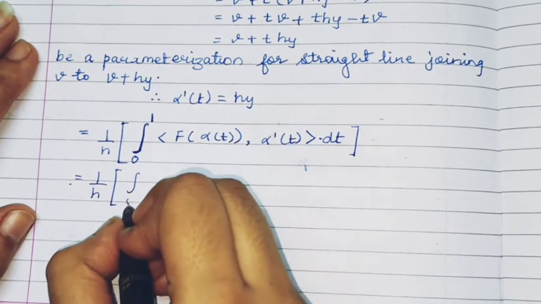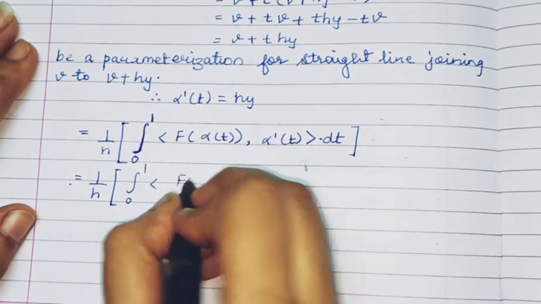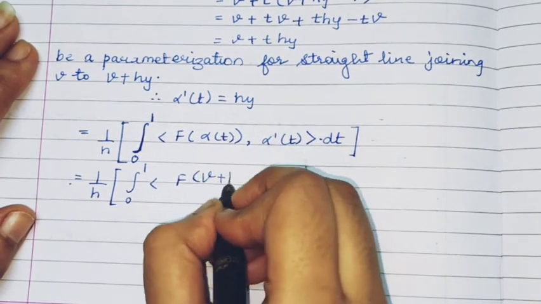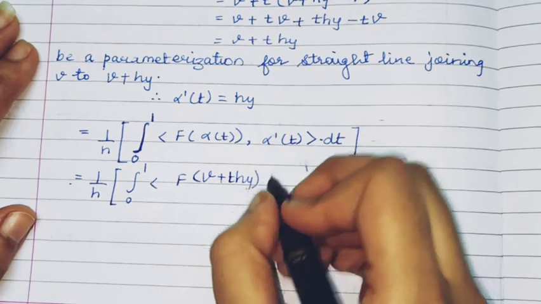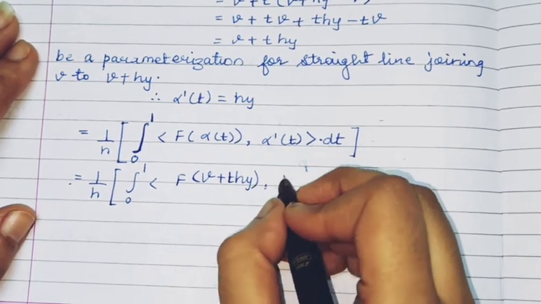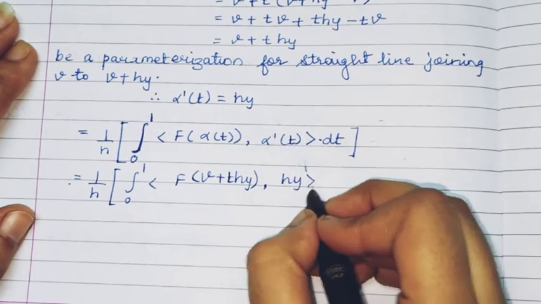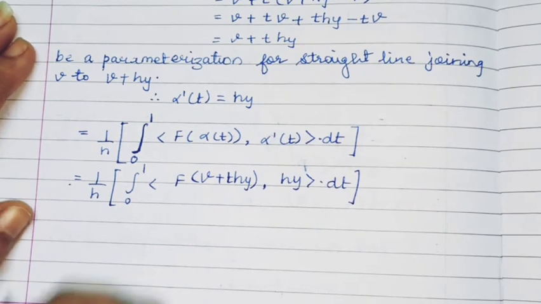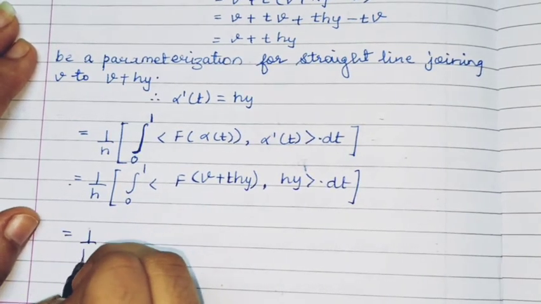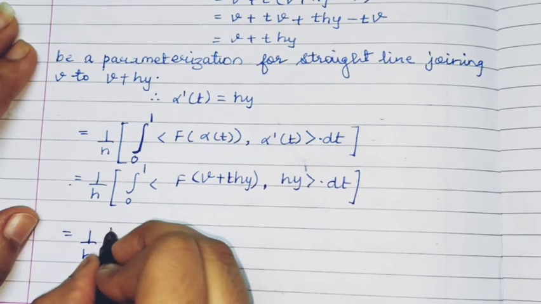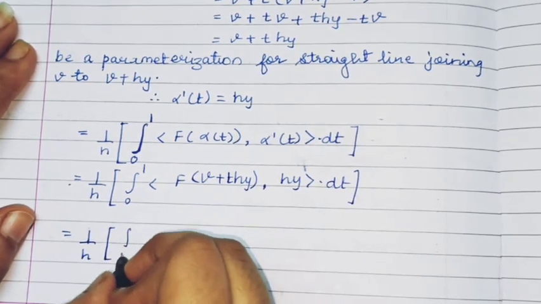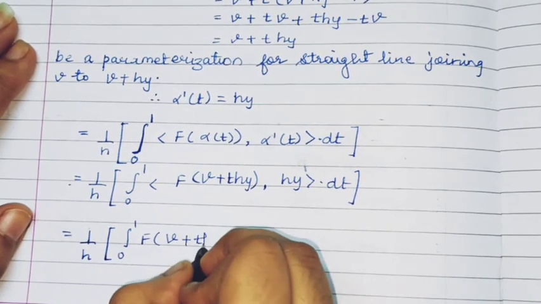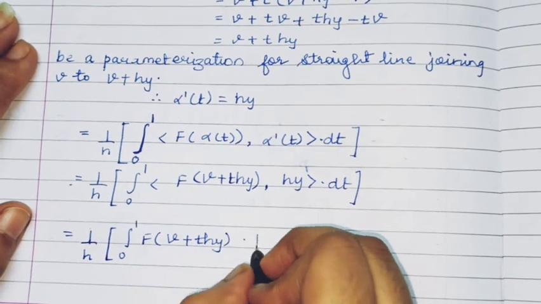Now we will write the value of alpha of t. It is v plus thy, and alpha dash of t is hy. Inner product complete dt is equal to 1 upon h. We will remove the inner product. So the integration from 0 to 1 of F of v plus thy into hy.